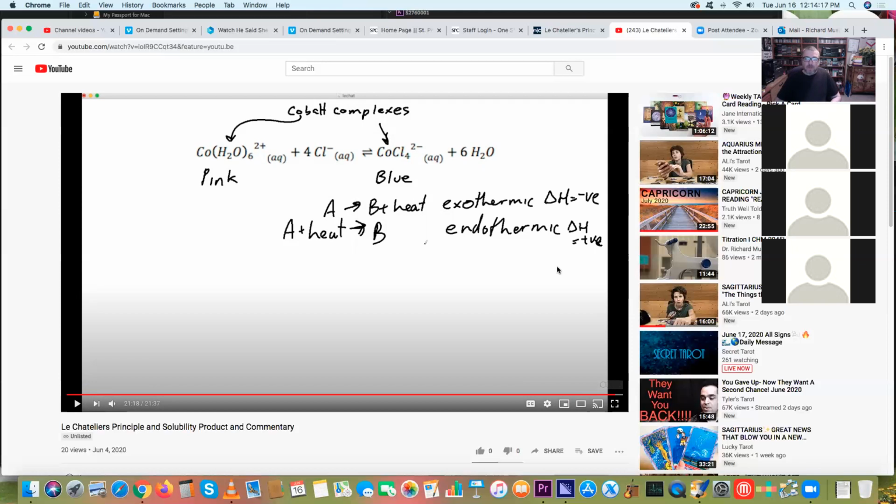That's right. Equilibrium. But what I'm saying is if you have a pink solution and you heat it and it turns blue, then you can easily determine that heat was a reactant that allowed that to happen. Right, because you added it to the pink. That's right. But if you cool the reaction, you're actually taking heat away.